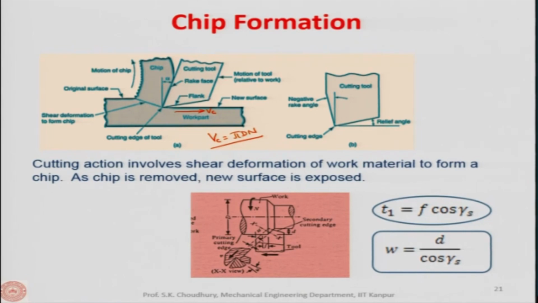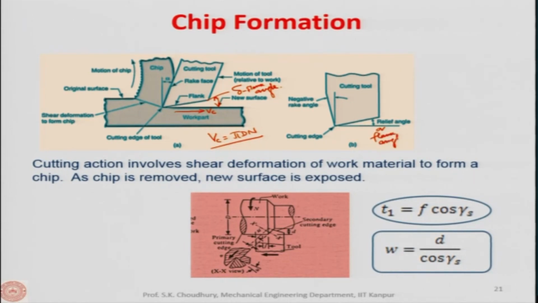Now, there is another angle between the flank face and the already machined surface, right. So, that angle is called the flank angle. Flank angle we normally give by delta. So, this is the flank angle. These two angles are very important. In fact, here it is written this is the relief angle or flank angle, by both names it is known.